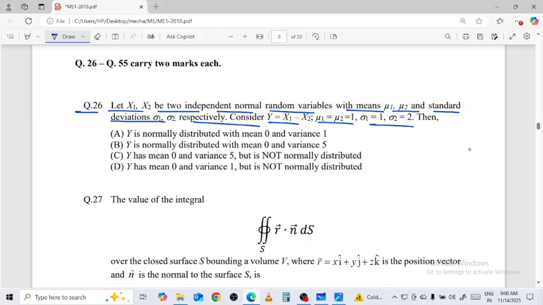Then y is normally distributed with mean 0 and variance 1; or y is normally distributed with mean 0, variance 5; or y has mean 0, variance 5 but is not normally distributed; or y has mean 0 and variance 1 but is not normally distributed. So choose the correct option for this.